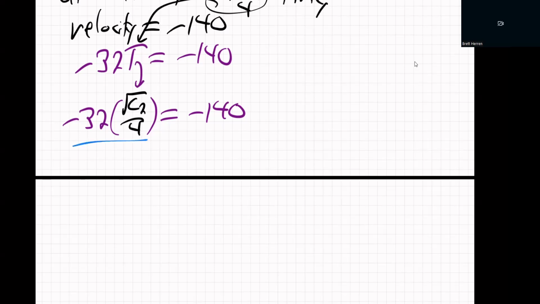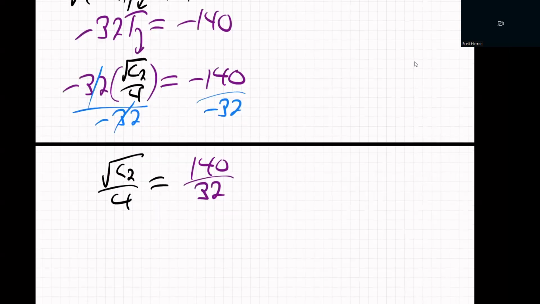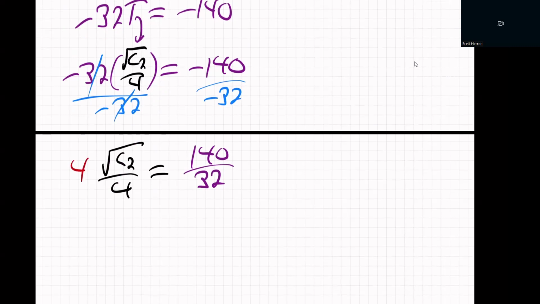I'm going to divide both sides by minus 32, and I get the square root of C2 over 4 is, I'm just going to make it positive, two negatives make it positive. I'll simplify it in a minute. Multiply both sides by 4, right?